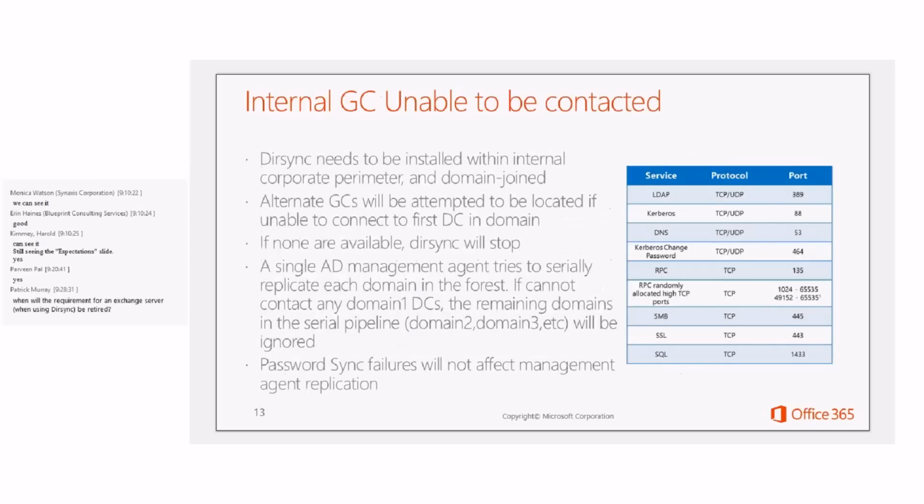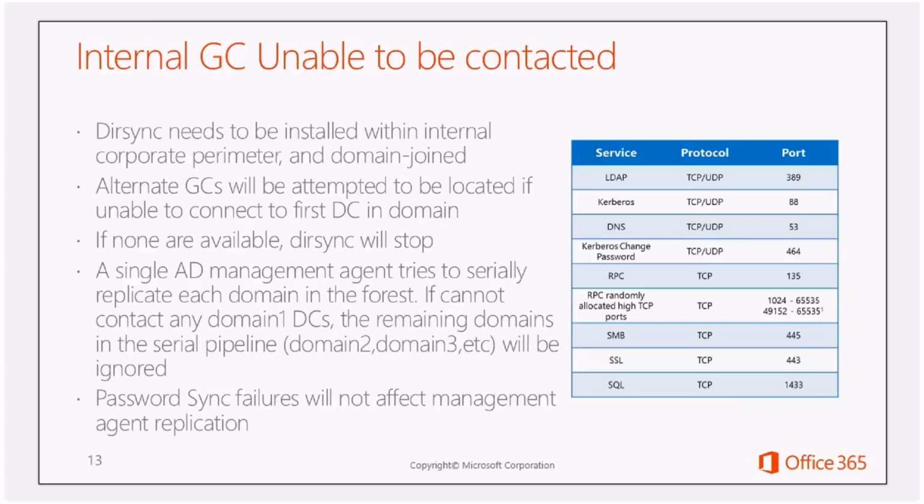Okay, DirSync is required to be domain joined, because it needs to talk directly to your domain controllers for various reasons: not just object and attribute writes and reads, but also for hybrid environments, and for password changes.